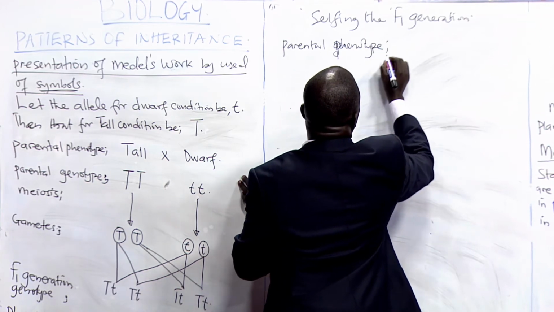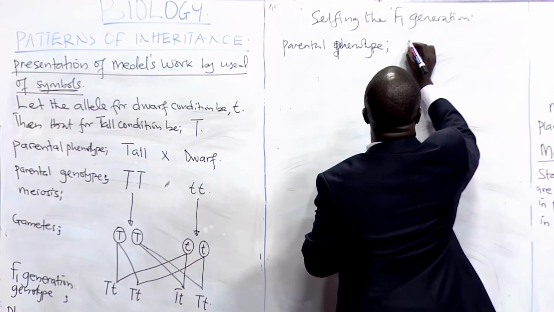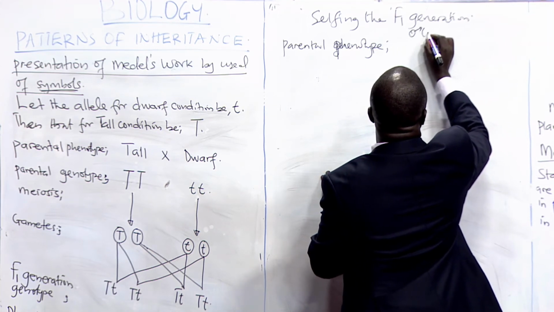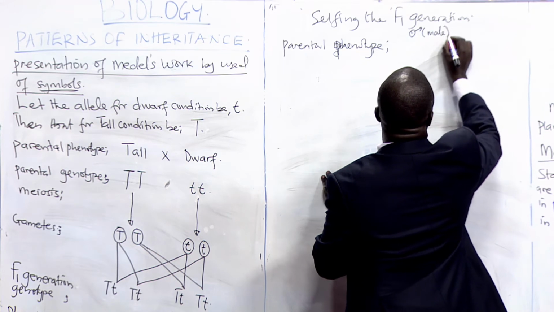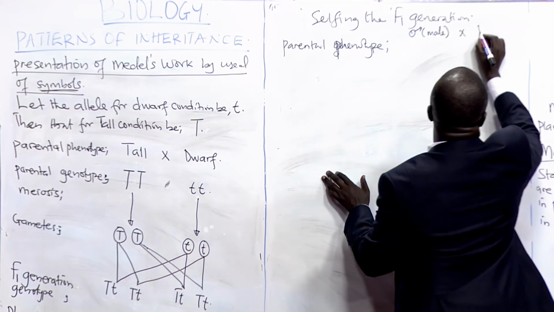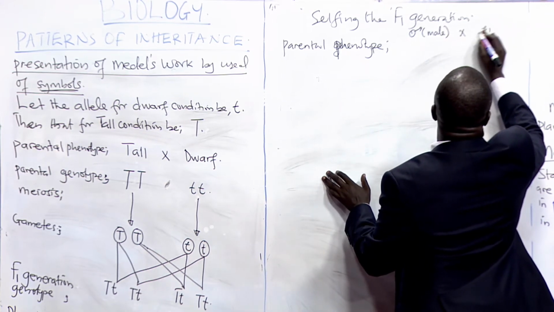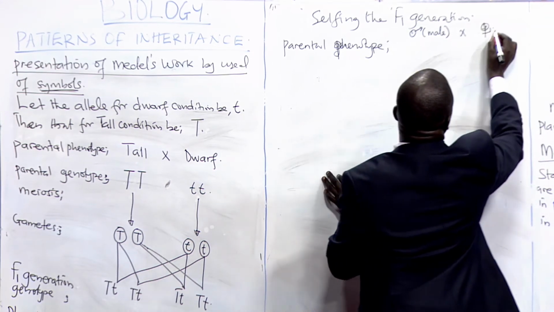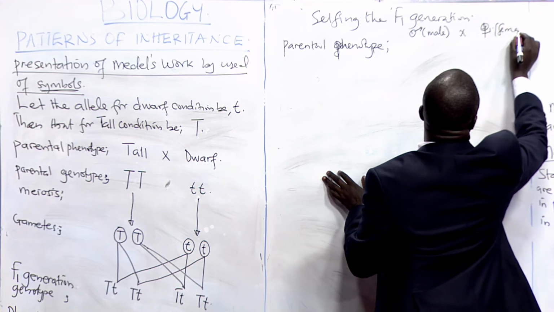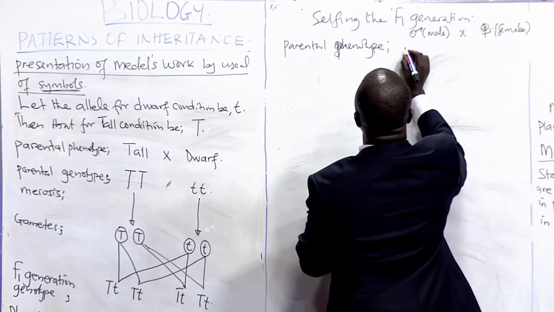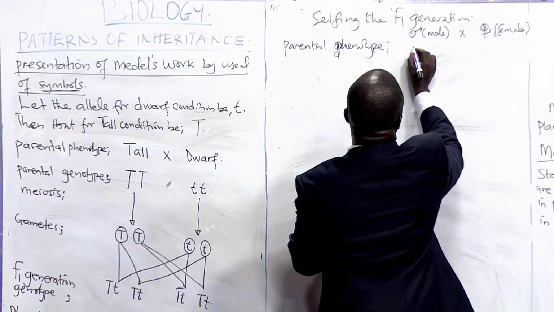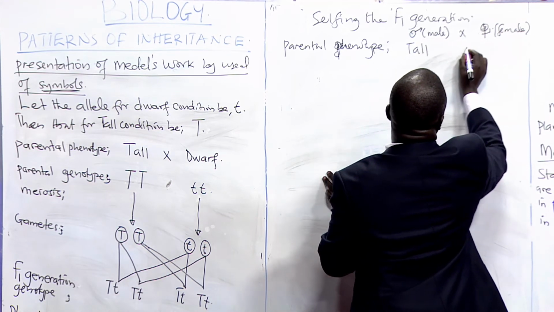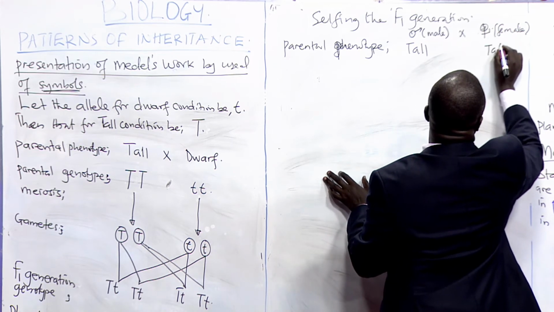If we look at the use of symbols, this means male, then we cross it with the female, which is the genetic symbol. So the parental phenotype here, we are saying this is tall, and this is also tall.